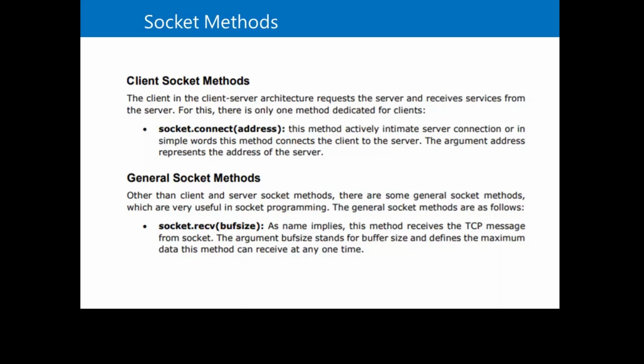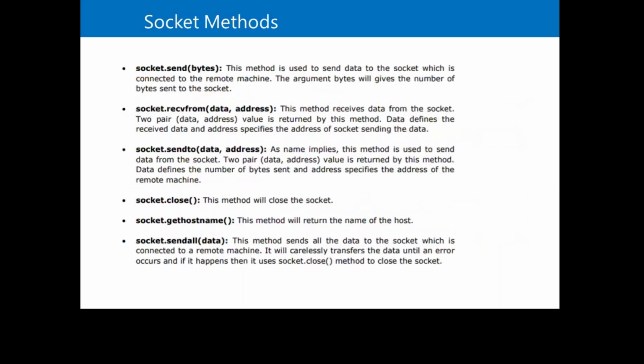The argument bufsize stands for buffer size and defines the maximum data this method can receive at any one time. So you need to be very careful. If the size is small and you are sending a lot of data to your program, you will only receive part of it. So let's continue.